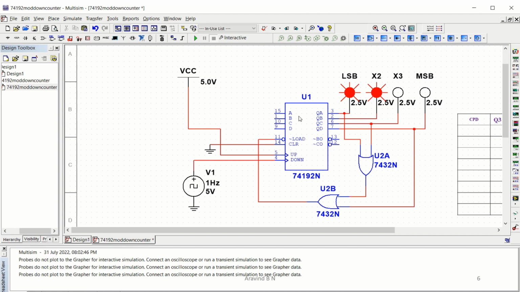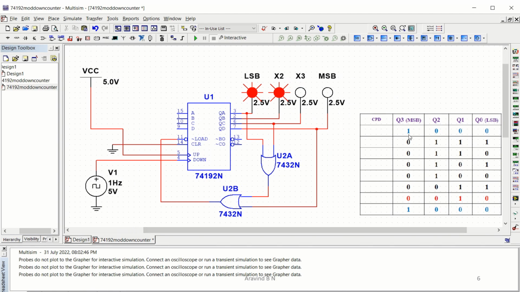Right. So now, from where the value has to get started, it has to start from 8. Therefore, this one will be connected here, and all other remaining 3 must be connected to the ground.